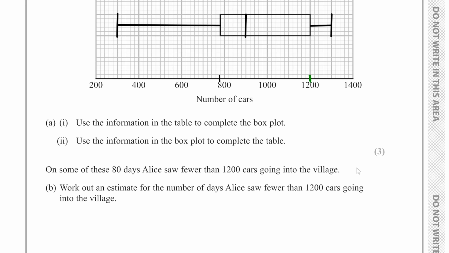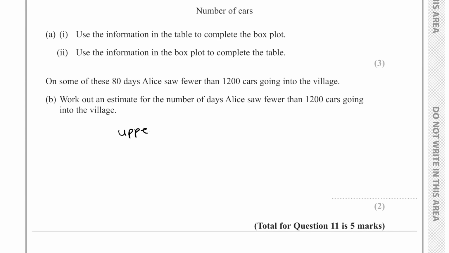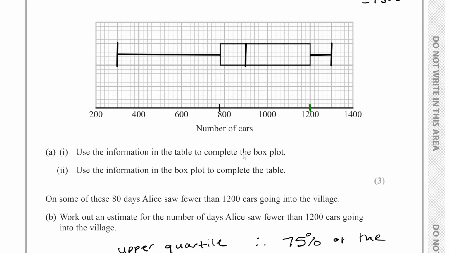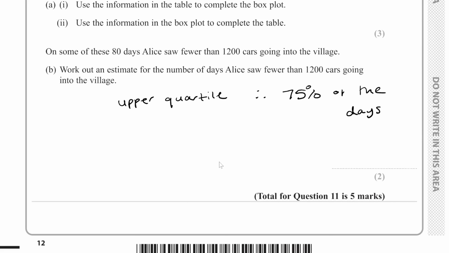So 1,200 is the upper quartile, therefore that's 75% of the days. So 75% of the days had less than 1,200 cars, and there were 80 days. So 3/4 of 80 is 60. So 60 days.